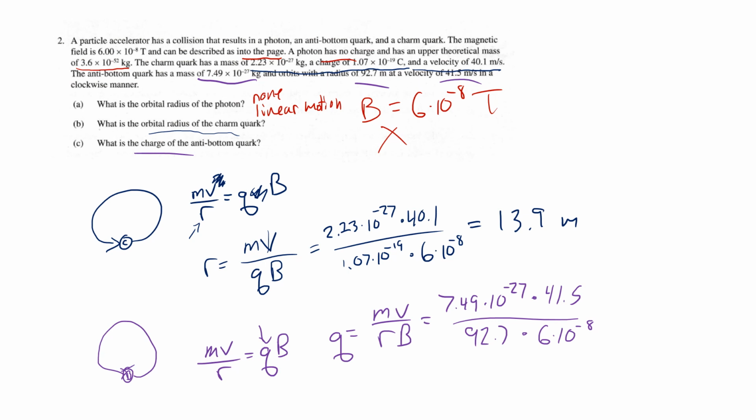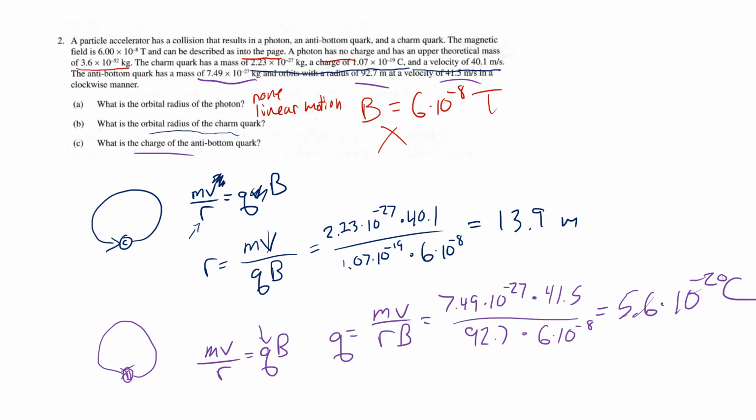All right, it's typing time. I'm getting 5.6 times 10 to the minus 20 coulombs.